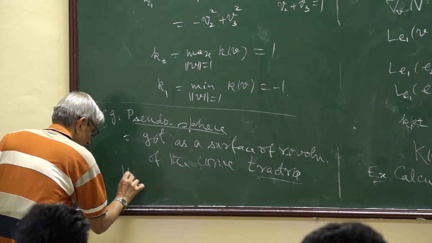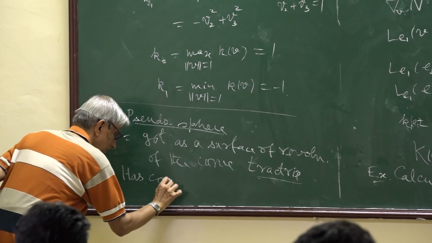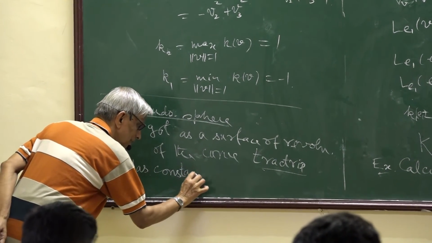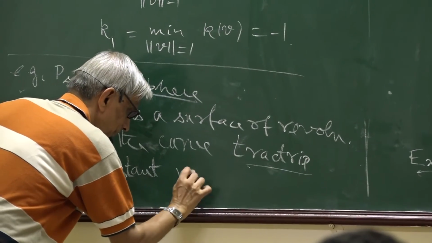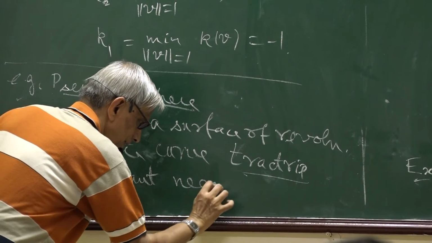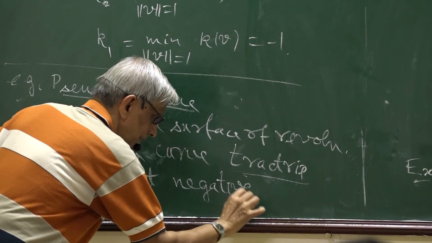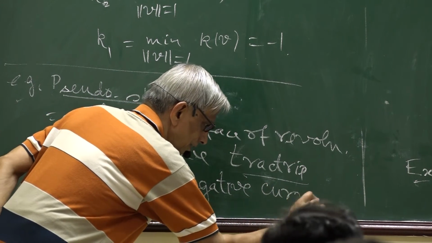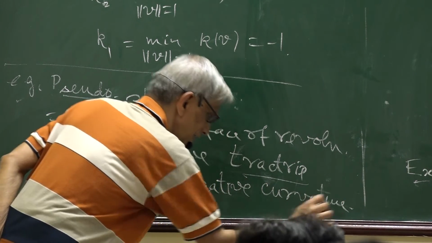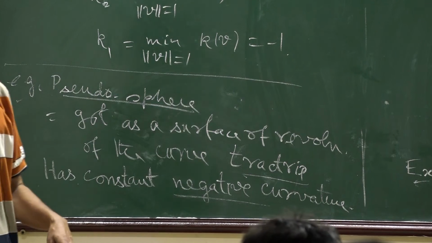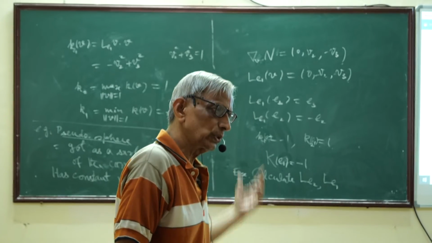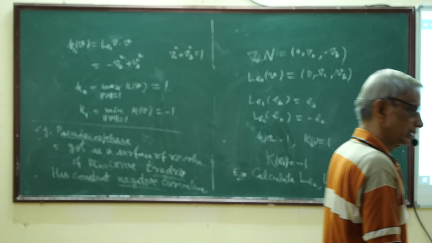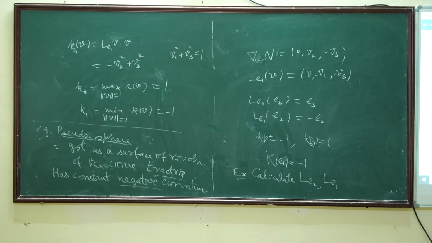It has constant negative curvature. The sphere has constant positive curvature. The pseudosphere has constant negative curvature. And of course, the plane has constant 0 curvature.